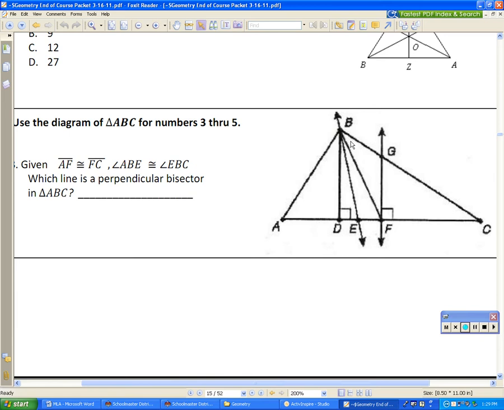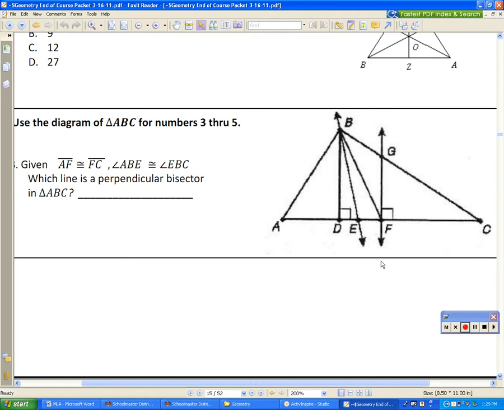Which line is a perpendicular bisector of triangle ABC? Anybody? BF. Okay, definitely not, because BF does not make a right angle with any of the sides of the triangle. When you see the word perpendicular, you should think right angle. So really your two choices are, is it BD or GF?